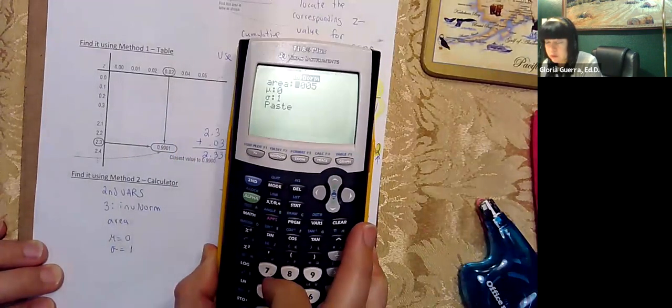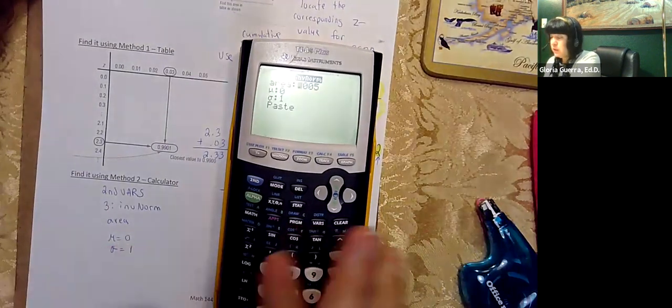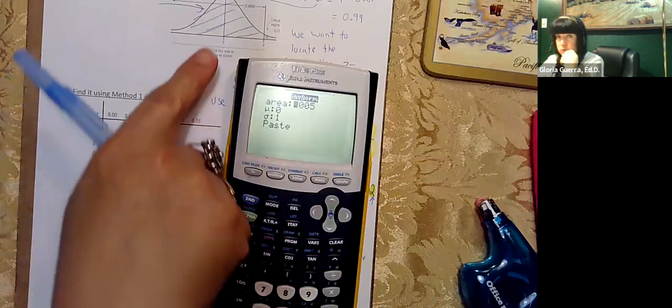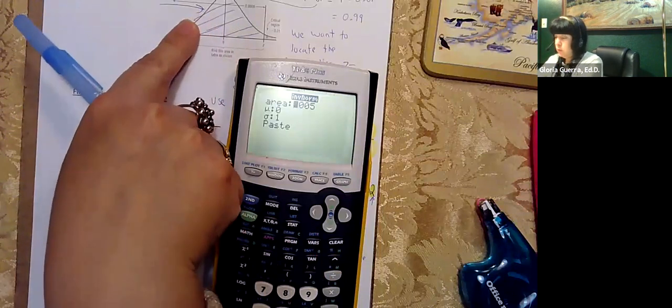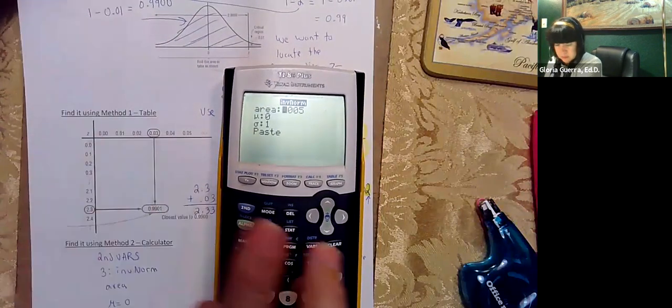inverse norm. Okay, so area, and this is always reflective of area to the left of the curve. When the calculator does this, it's already thinking of area to the left of the curve. So you want this area here, which is 0.9900.